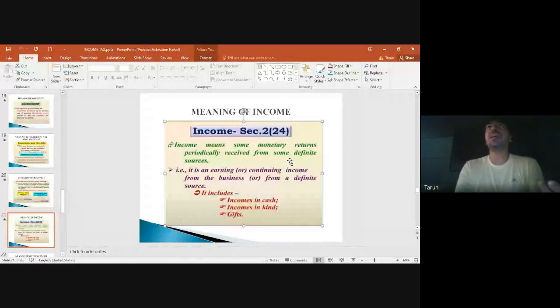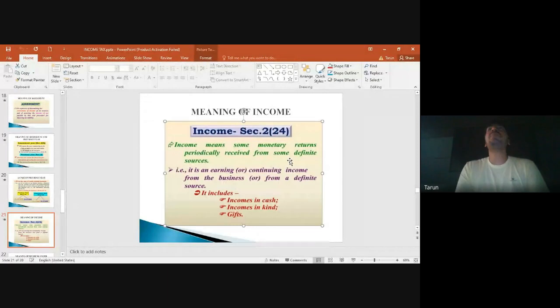If you earn any sort of income from your business and profession, from any company, or from any definite source, as I told you, salary is a definite source, business is a definite source, agriculture is a definite source, capital gain is a definite source, that income is considered income under section 2 subsection 24.